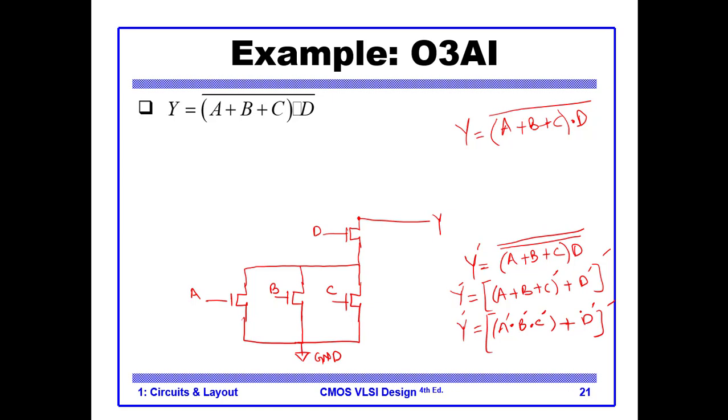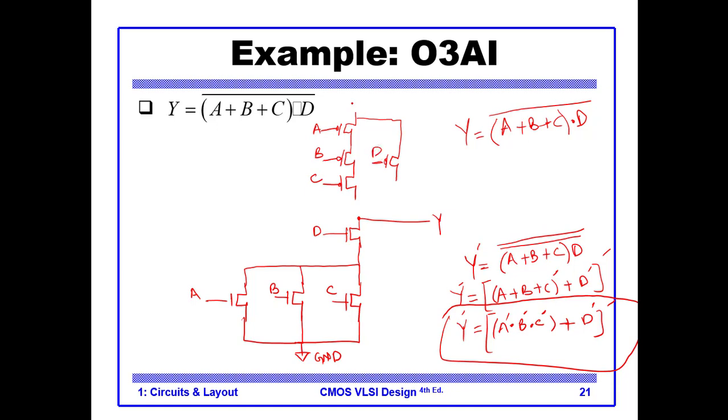So what this means is that the pull up network has this equation, which means we have a PMOS A, a PMOS B and a PMOS C connected in series in AND type fashion, and with this we have a PMOS D connected in parallel, connected to VCC or VDD.